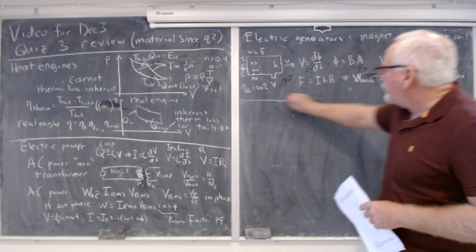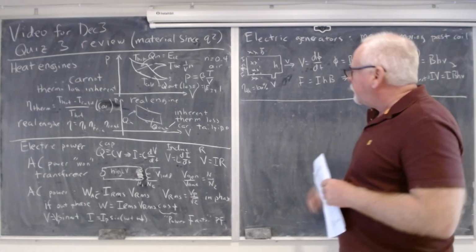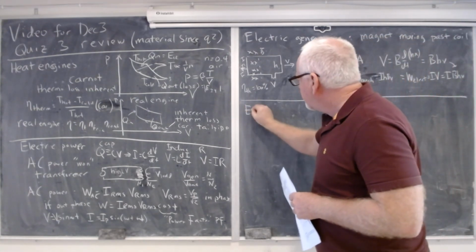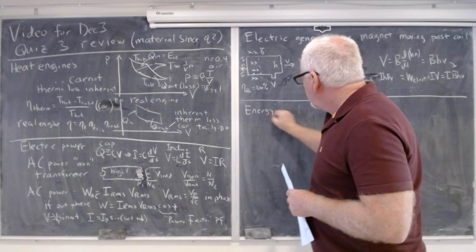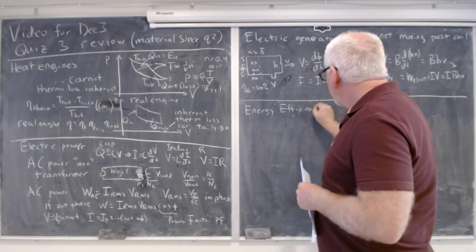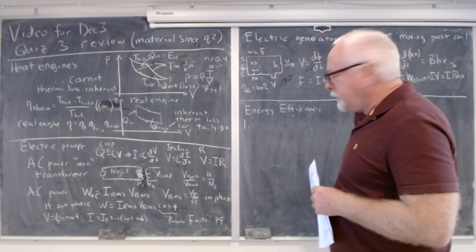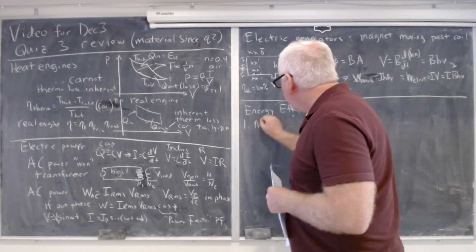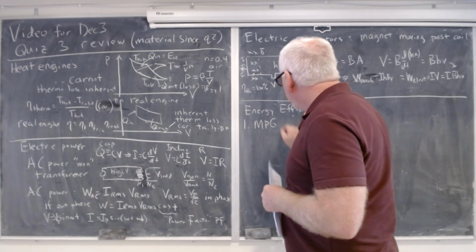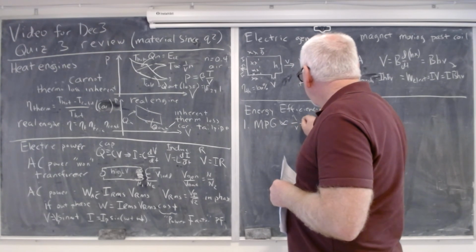And then finally that brings us to the last lecture, and so I'm just repeating it. So this is energy efficiency. I'll just repeat the five things we learned in the last lecture. Miles per gallon is proportional to 1 over V squared.